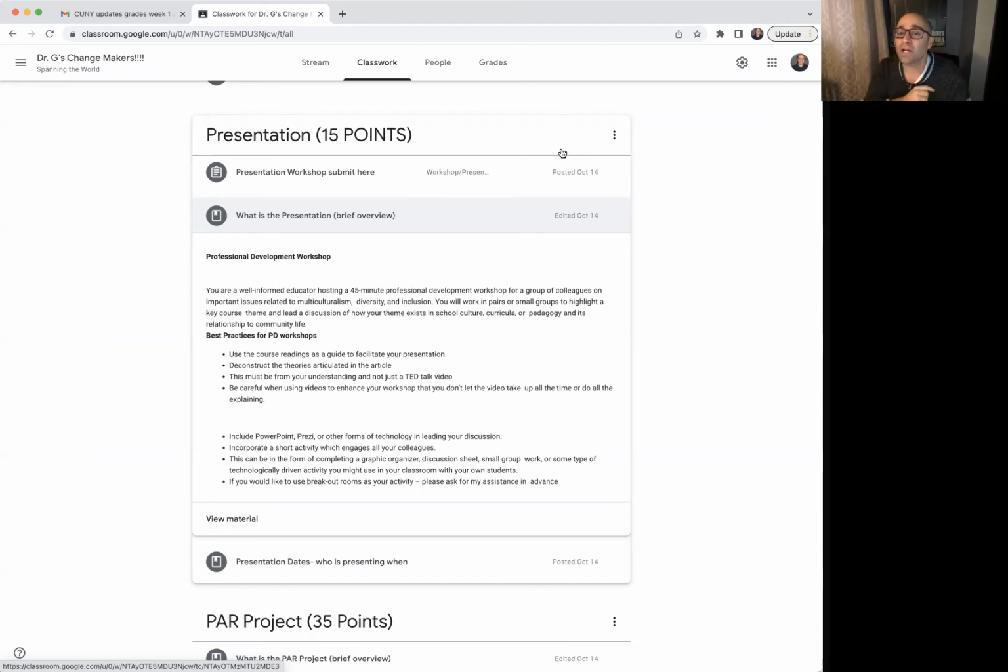That's the first point. You're also welcome to meet in your own Zoom spaces if you so desire during that class time. Last point, you are not required to do any additional time meeting with your partners to make these presentations happen. You are only required to use the class time that's already assigned.